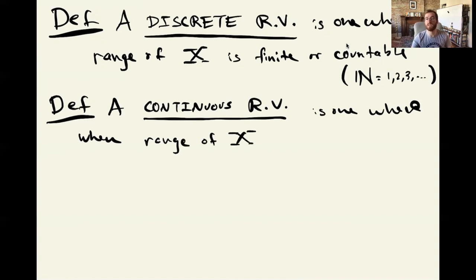Of course, it's bad to use the term that you're trying to define with the term itself. So the more technical language is the following. When the range of X is uncountable.